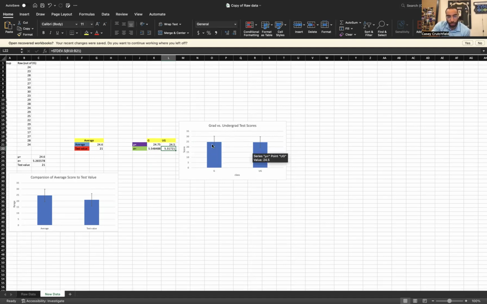The G, once again, stands for grad, UG undergrad. There's score range 0 to 35 and class. And that is how I did my math and all my data for my project.